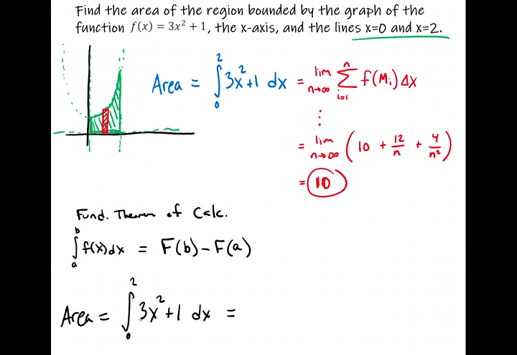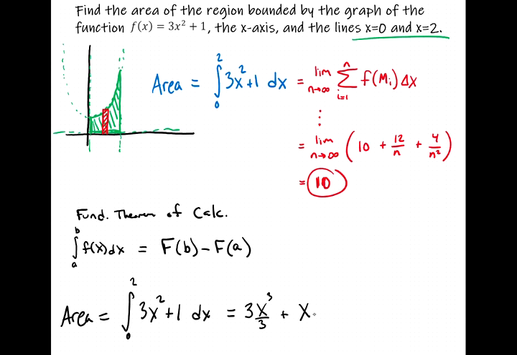Let's go term by term. The antiderivative of 3x squared: I'll show all of the work, though you may not write every single step. There's a 3, and the antiderivative of x squared is x cubed over 3, plus the antiderivative of 1, which is x.